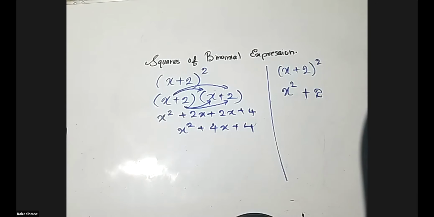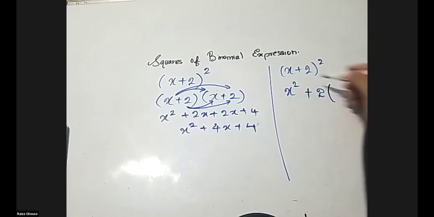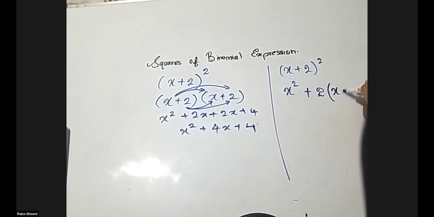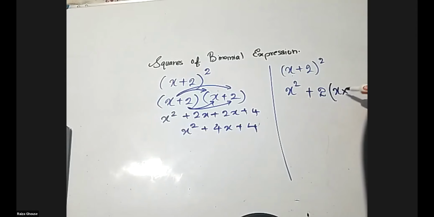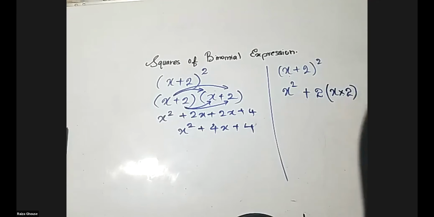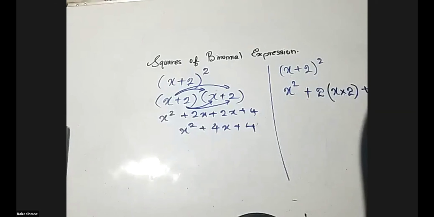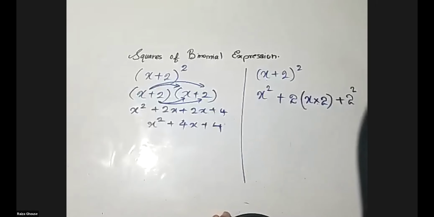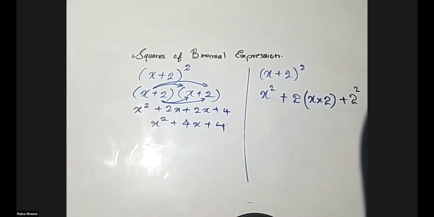Product of what? Product of the first and the second term. Plus, square of the last term. Did you understand?